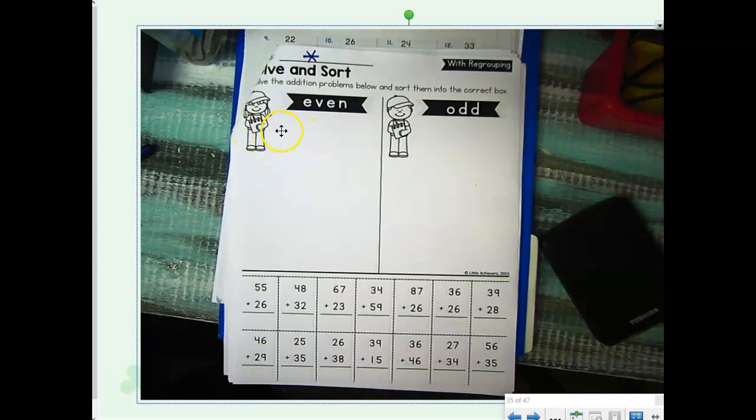All right, so is your answer even or odd? Remember, even numbers end with 0, 2, 4, 6, 8.